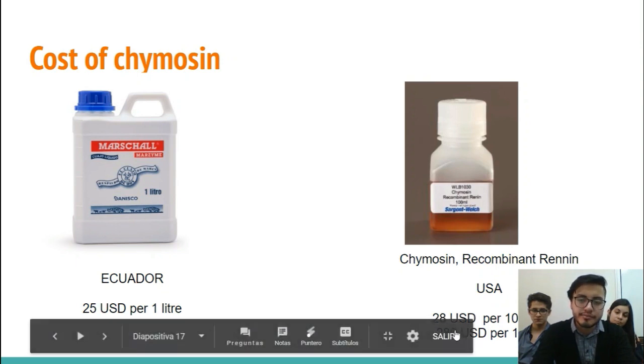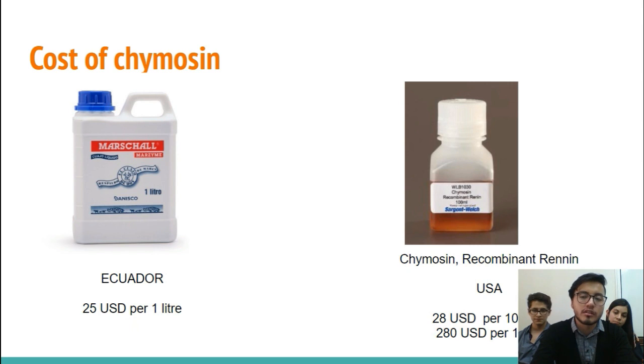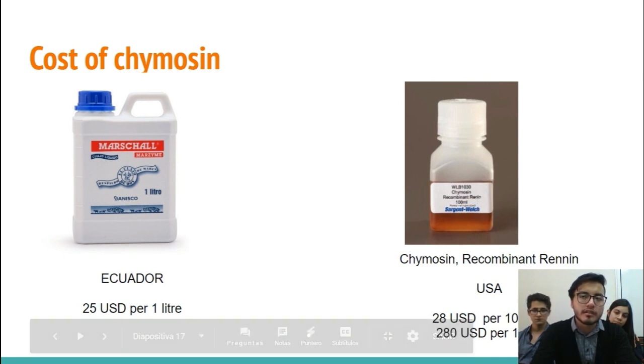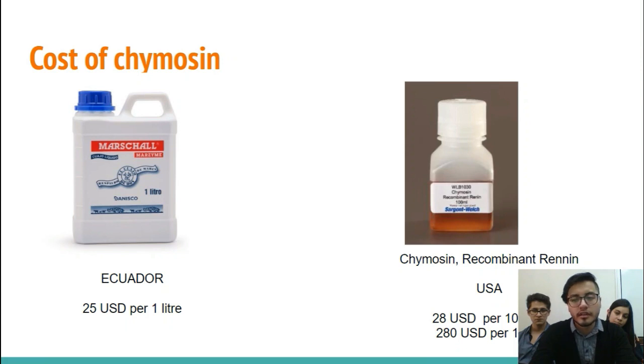And if we take the efficiency of making a lot more curd, we can choose the chymosin recombinant renin process. The only issue is to tell the customer that a liter of this chymosin will cost a lot, but it will last a lot of time and produce a lot more curd.